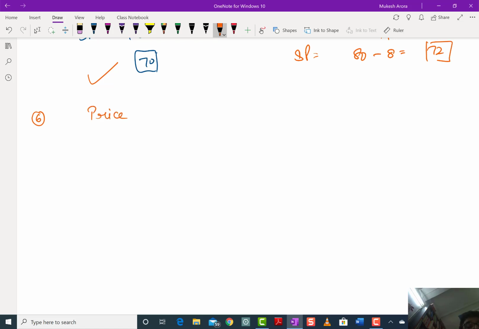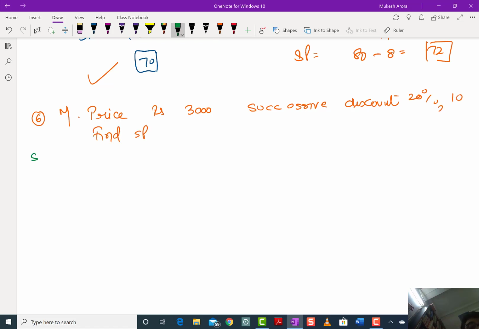Mark price of an article is rupees 3000. Successive discounts are 20% and 10%. Find selling price. First discount is 20% of 3000, which is 600.